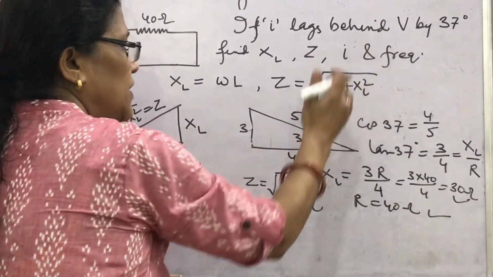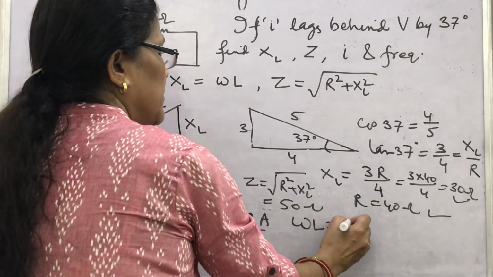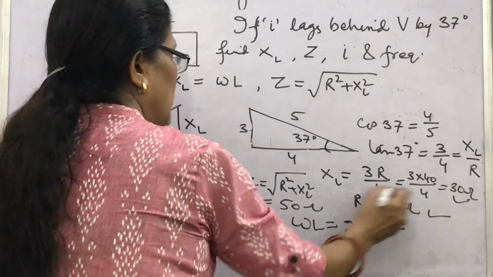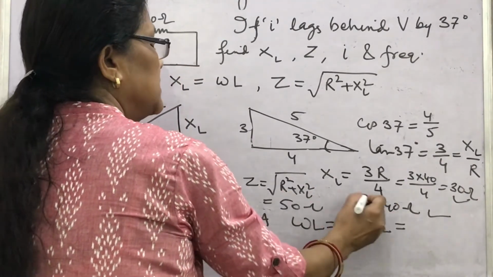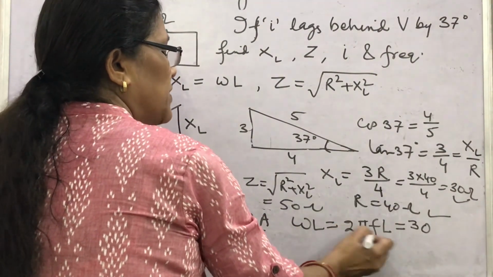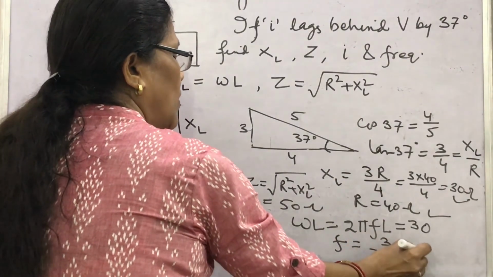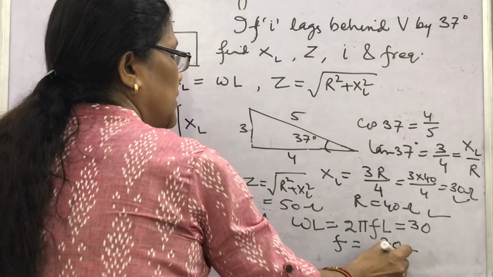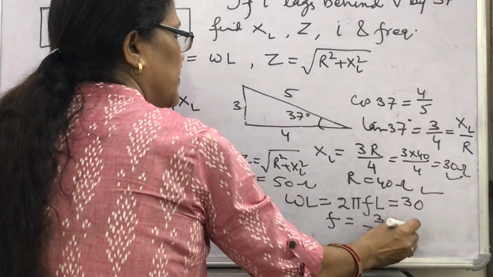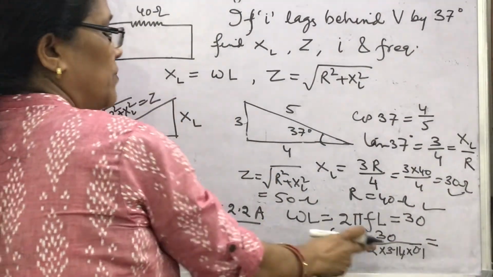Finally, frequency. You know how to write frequency. Omega L can be written as 2 pi F L. What is omega L? Omega L is XL. XL is how much? 30. So this is 30. From this you can calculate frequency. Frequency will be 30 upon 2 into 3.14 into L, 0.1 henry.